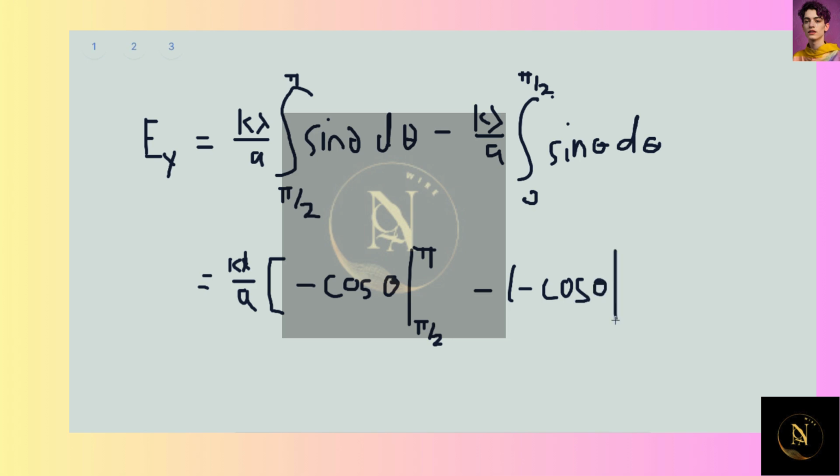Evaluated at 0 and pi over 2. So that will be our full answer. So let's go through each of these 4 bounds and find what the numbers are.